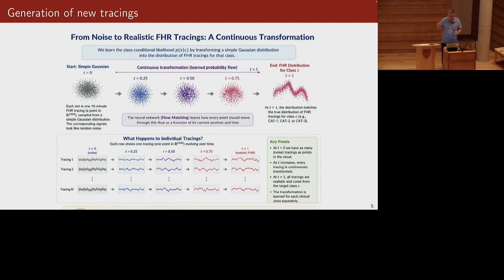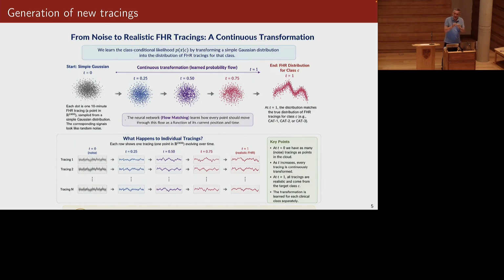This slide shows pictorially what we are actually trying to do. Imagine that on the left side you see a cloud of points. Each point actually is a vector of 2,400 samples. You start at quote-unquote time 0, and then you go up to time instant t equal to 1. You do it in steps.